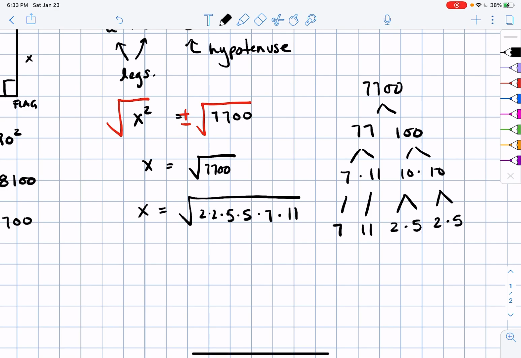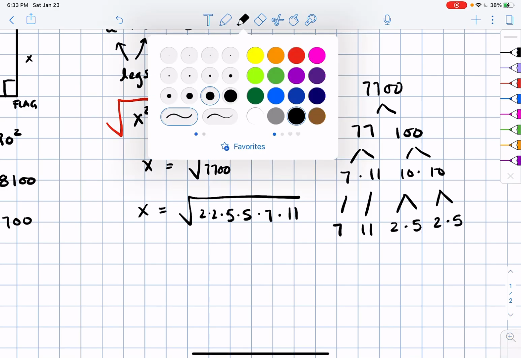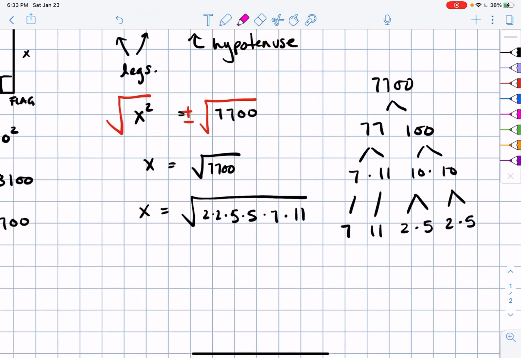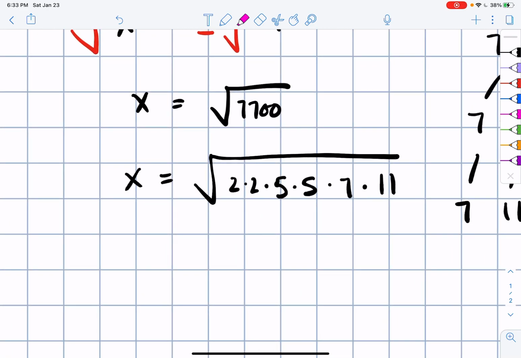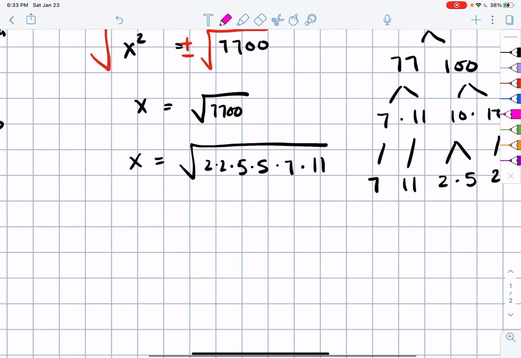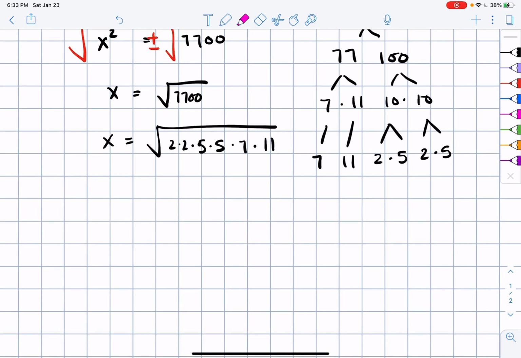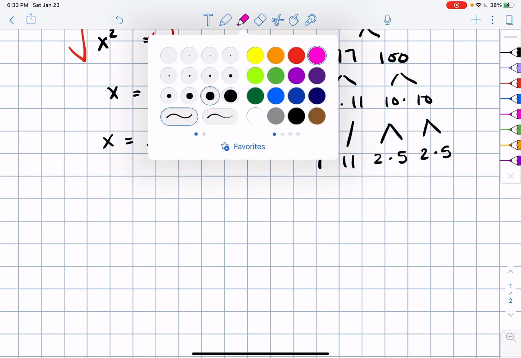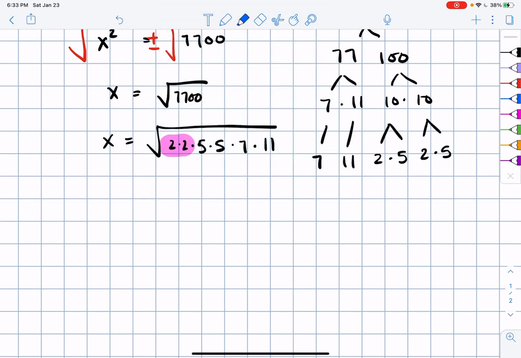The way I deal with radicals by breaking them down into primes is that the index right there is a 2, right? Because it's a 2, we're looking for pairs. There's a pair there and a pair there.